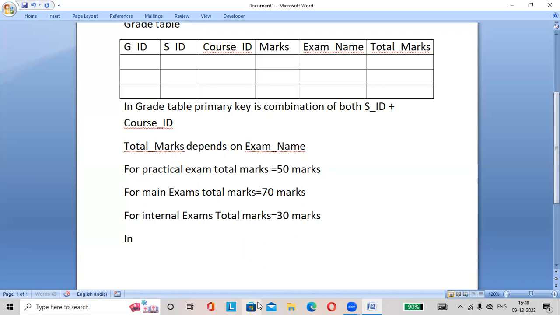In grade table, student ID and course ID is the primary key.